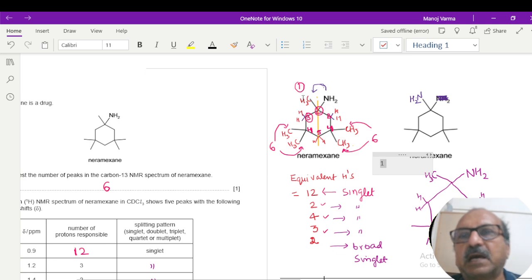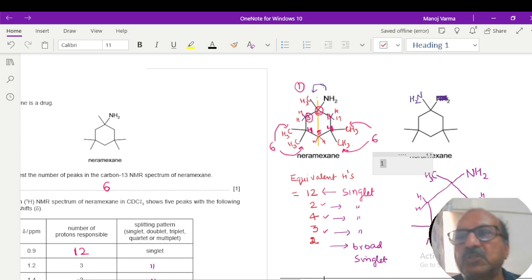This carbon will give one peak, this carbon will give another peak, and it appears that these two carbons are not identical because one is near the NH2 and the other is near the CH3. But you have to understand that this bond can rotate because it's a single bond, and the NH2 and CH3 can interchange their positions.